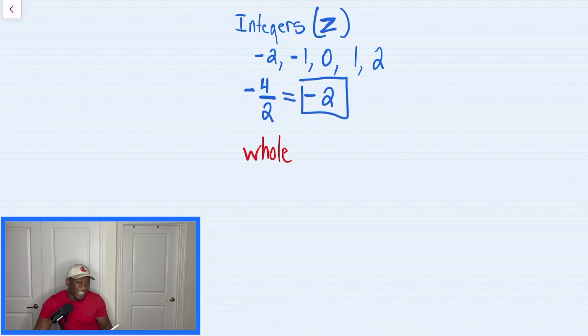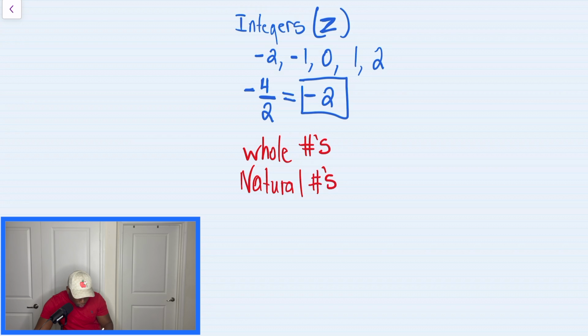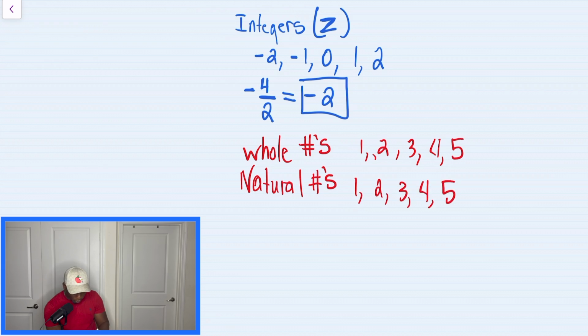And then I'm going to give you guys a very helpful tip on whole numbers, right? I'm going to write the abbreviation, and natural numbers. And they are the same exact thing except for one very tiny rule. So what you guys need to understand is that whole numbers and natural numbers are only the positive whole numbers. So that means 1, 2, 3, 4, 5, and so on.